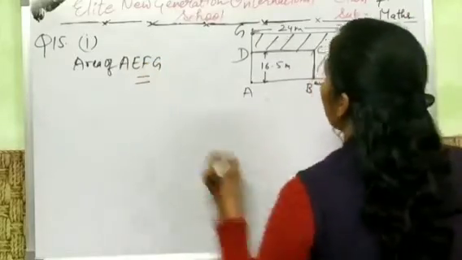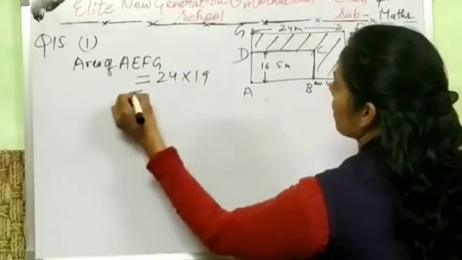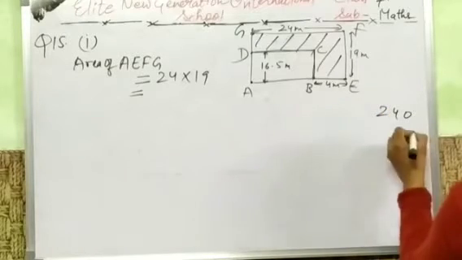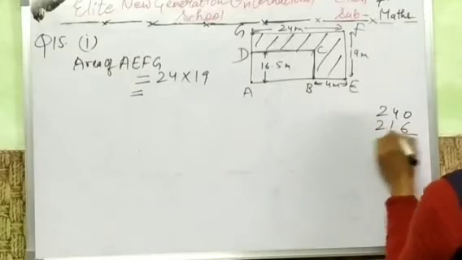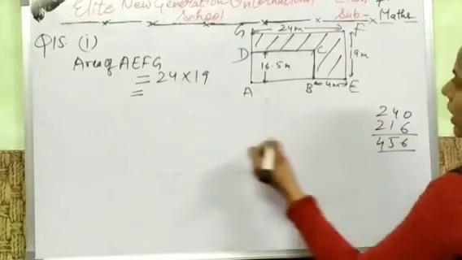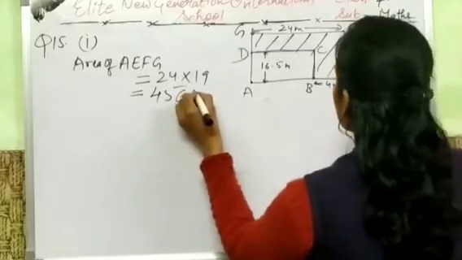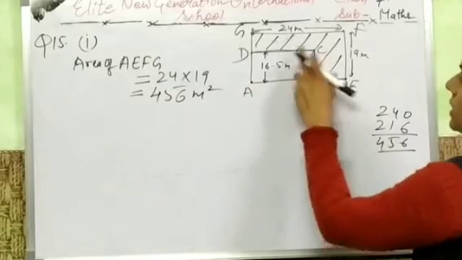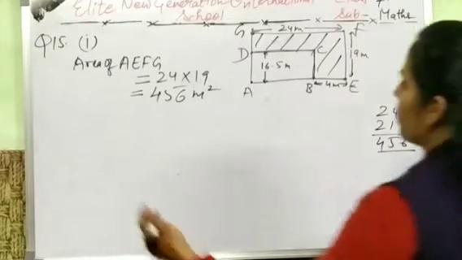The area of AEFG is equal to length into breadth. Length is 24 and breadth is 19, so we'll get here 456 meters square. And also we have to find the area of this rectangle ABCD.